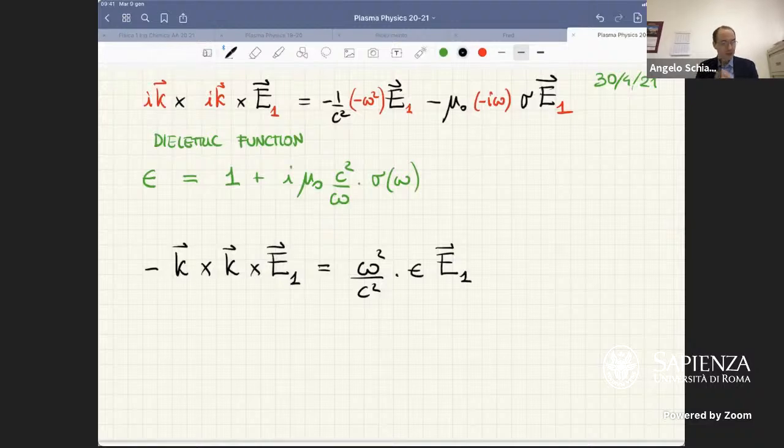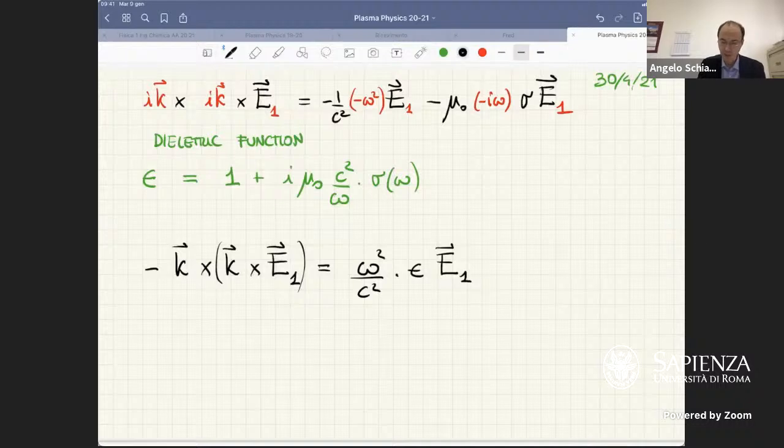Okay. Now we have k vector e. Obviously, the order of the vector operator is important, because if you do first the other one, the first vector operator is identically 0, so it's obvious that we have to do the operation in this order here.